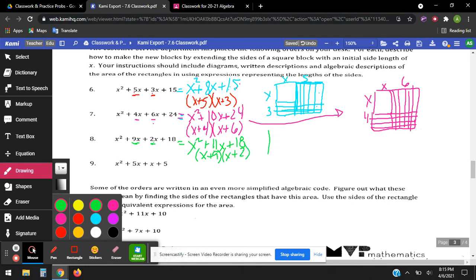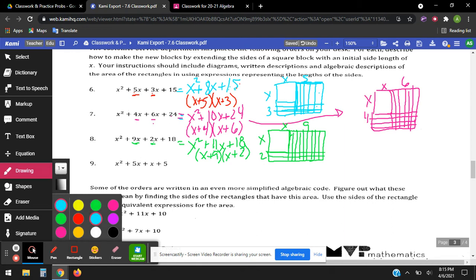And so that one is going to be a little tricky. We'll do 2 down below to make this plenty long for my 9. Looks like a flag. So here's my x plus 2. And now I need 1, 2, 3, 4, 5, 6, 7, 8, 9. And there we go. It shows 11 x's and 18 boxes.